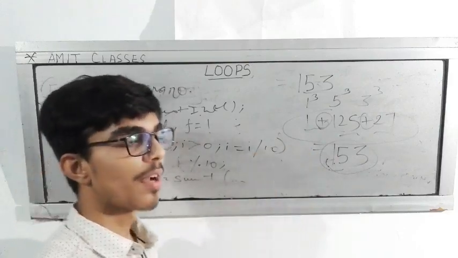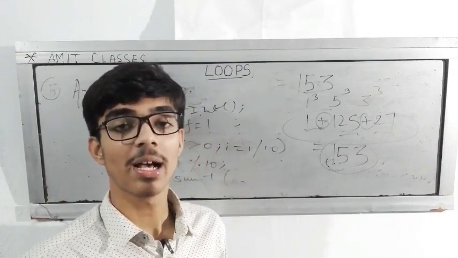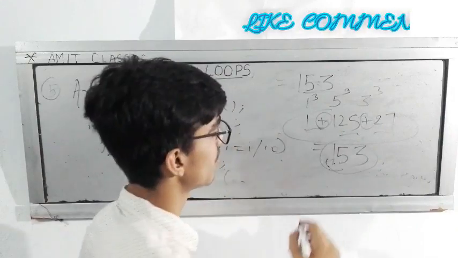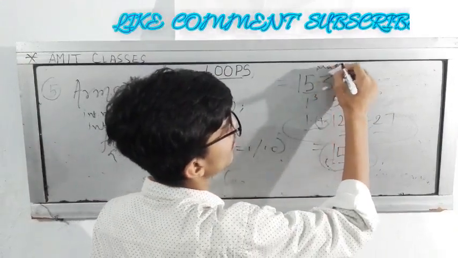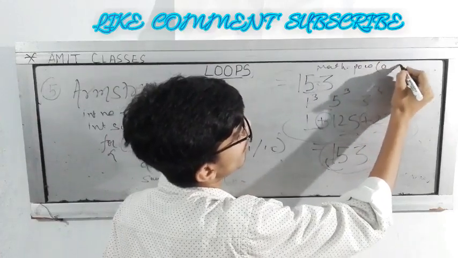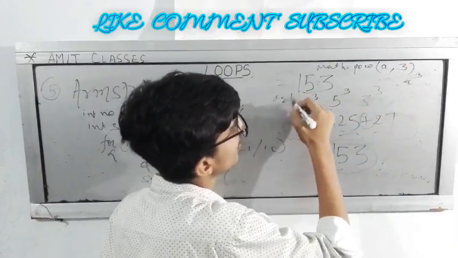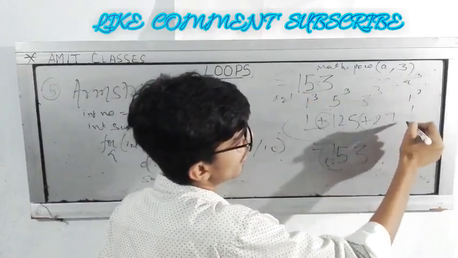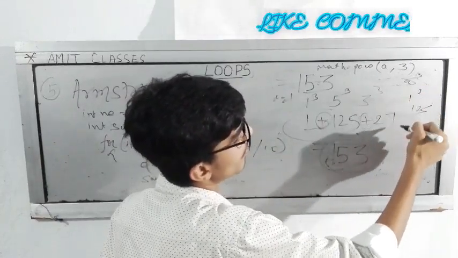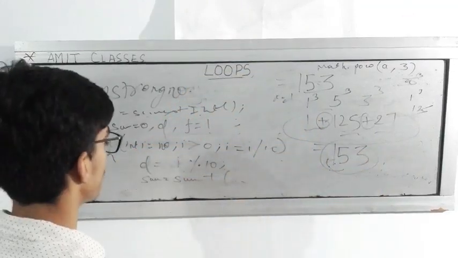We have to remember one thing, that in previous classes we have learned about math.pow. So what is this math.pow? Math.pow, a to the power 3 means a cube. If we write a is 1, then 1 cube is 1. If we write a is 5, then 5 cube is 125, and like this for 3, 27.